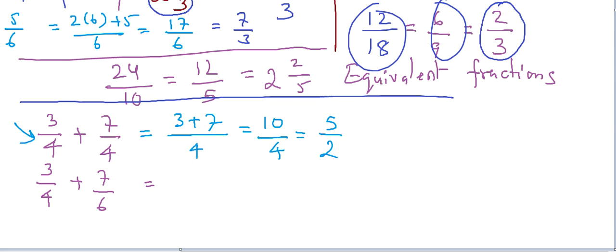In this case, your denominators are different, so you need to find the LCM of 4 and 6. So what's the LCM of 4 and 6? As you have already seen in earlier videos, you will get the LCM as 12.